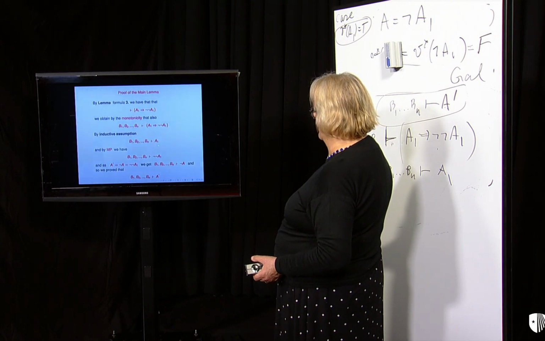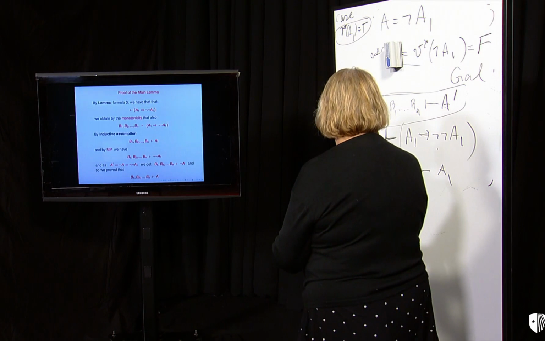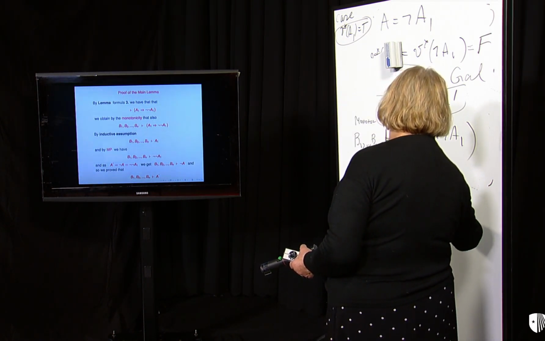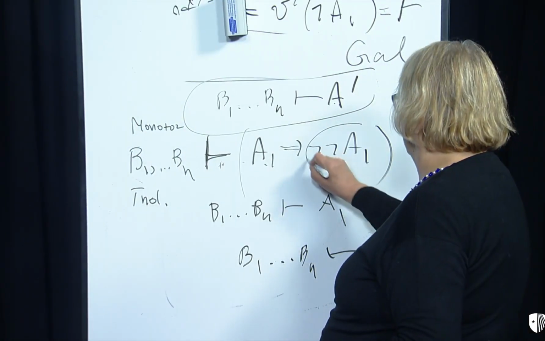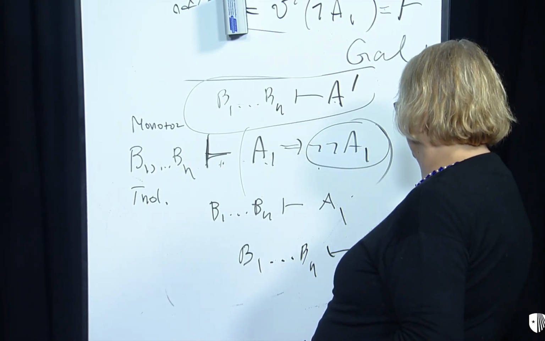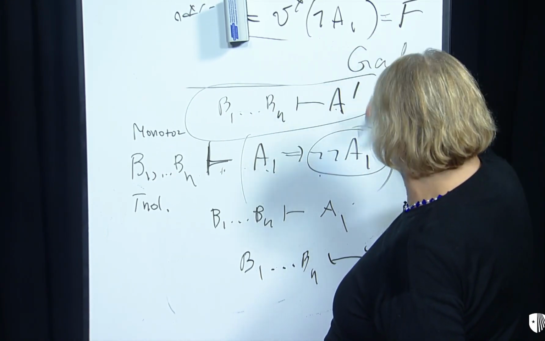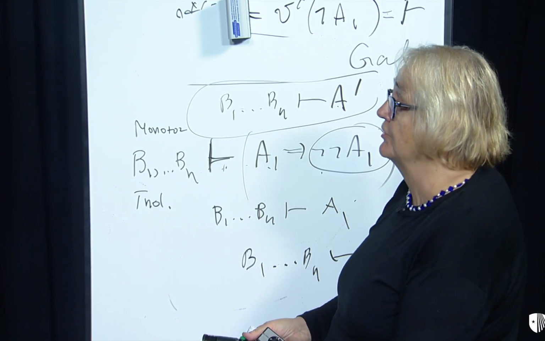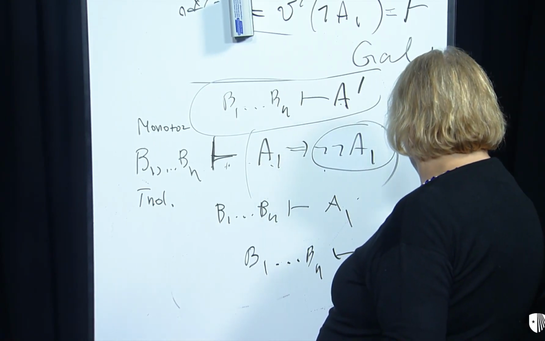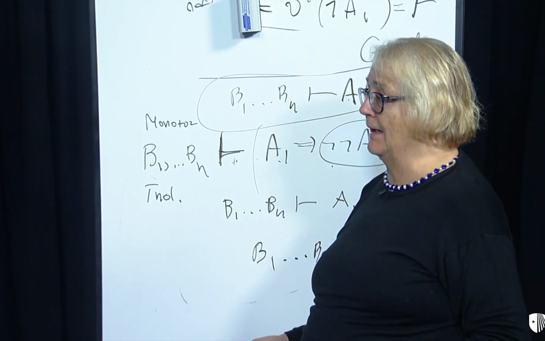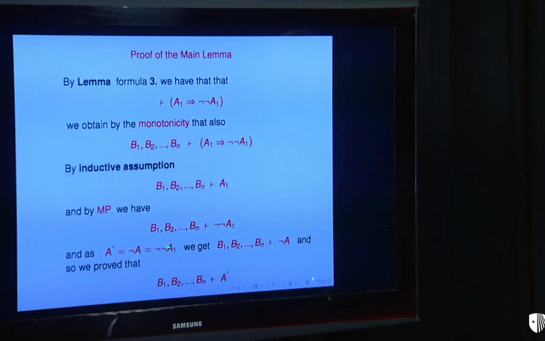I have the proof of A1, and I have the proof of A1 implies double negation of A1. So from this and this, I have that B1, ..., Bn prove not A, and not A was A prime, the negation of A, which was double negation of A1.